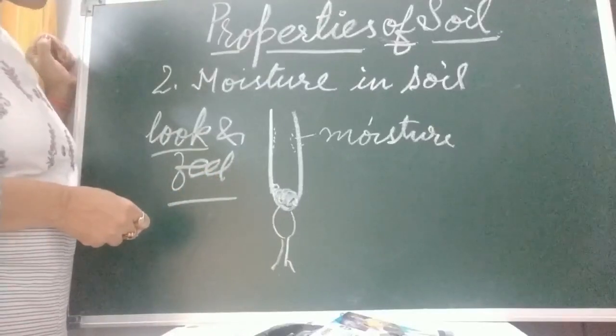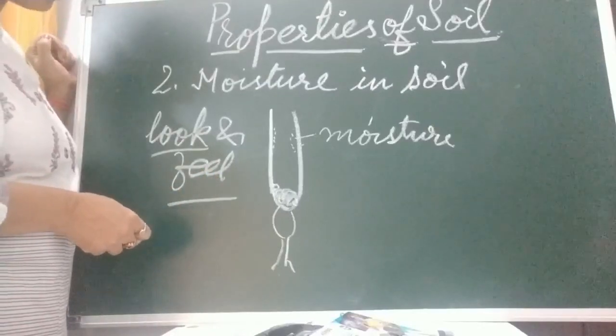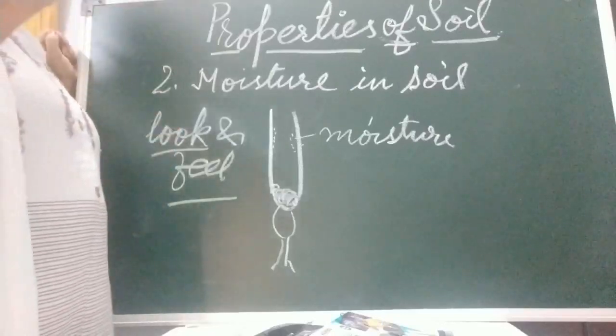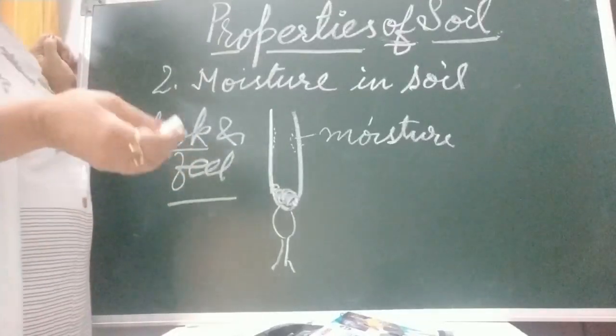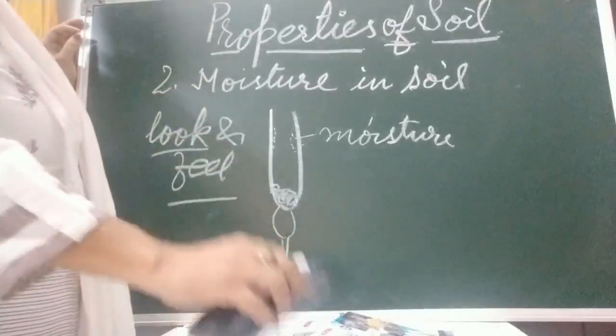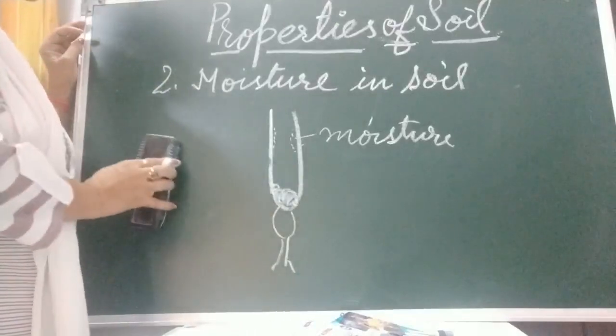Soil moisture helps to determine when it needs to be irrigated. Like in your garden, when you see soil is dry, you want to give water after that. So by look and feel, we can check the moisture in the soil.